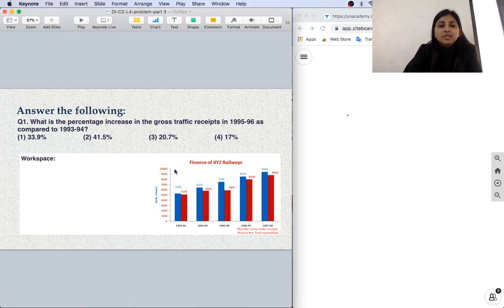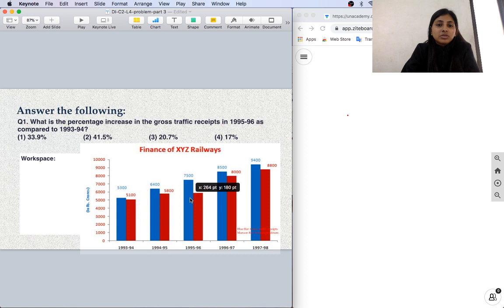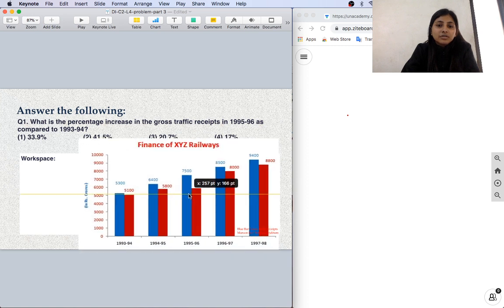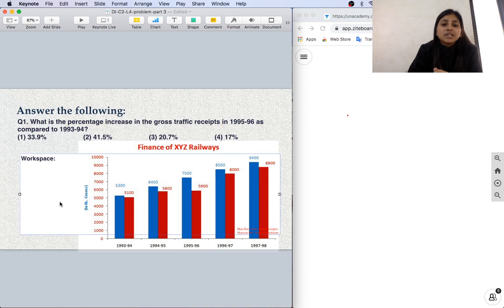What will be the answer? You can see the values if it's unclear. What is the percentage increase in gross traffic receipts in 1995-96 as compared to 93-94?